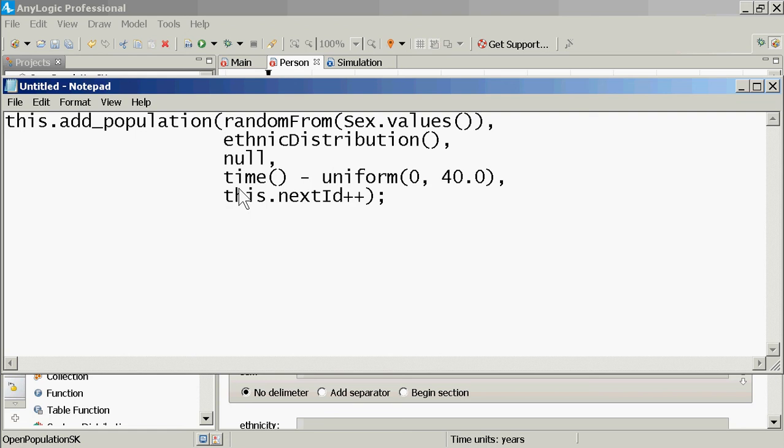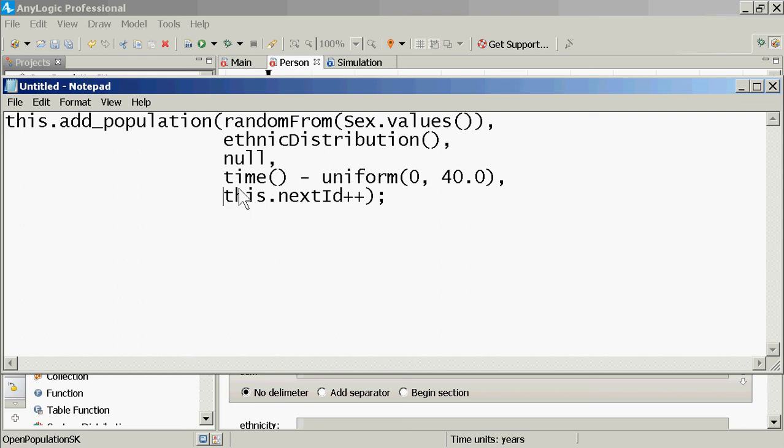So we're calculating their birth time based on their age, because they're coming in midway through life. If we want to figure out their birth time, we have to take that into account. And here we're assigning them an ID. It's a permanent ID that's used for them. Question in the back.